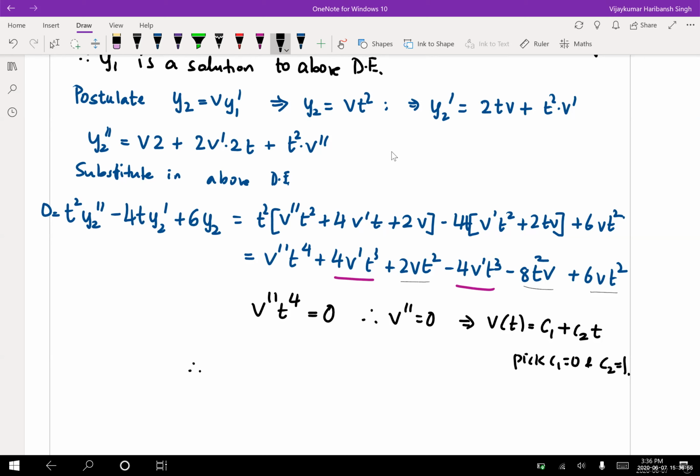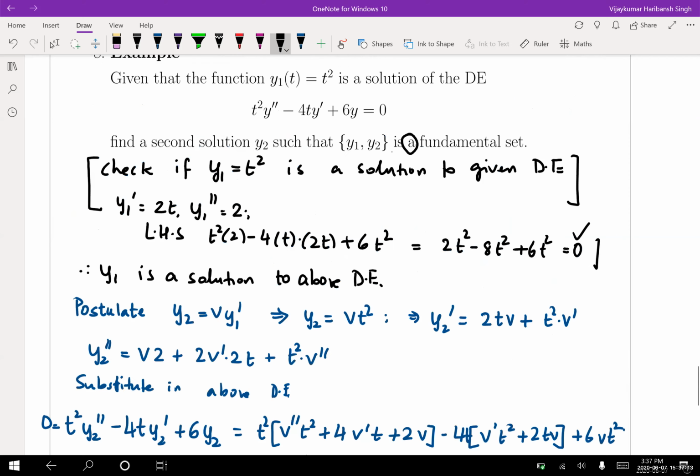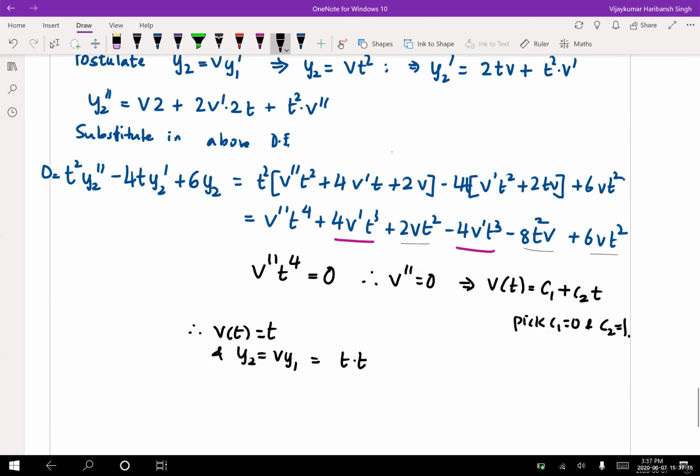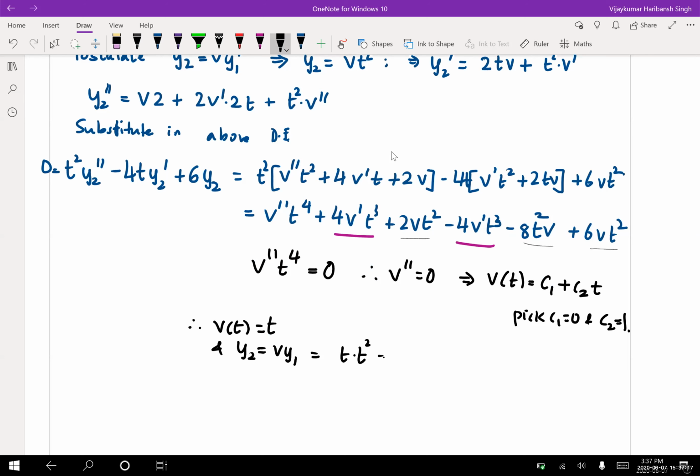So therefore v is t, and y2 equals v y1, which is t times t squared, which is t cubed. So we are guaranteed that this is a second solution.